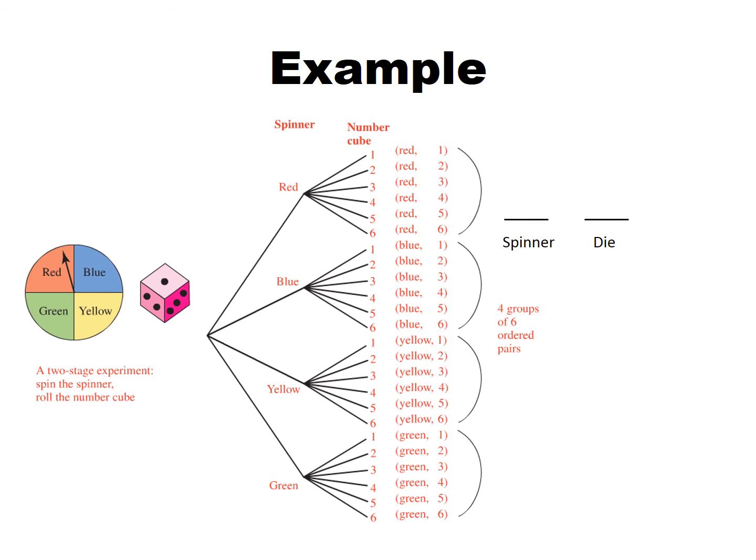Then I ask myself, how many possible outcomes are there from the spinner? Obviously there's 4, so we draw 4 in that blank. Then ask the same question about the second sub-experiment, and there's 6 possible outcomes from that die. The fundamental counting rule says we just multiply those and we get 24. That's how we can apply this fundamental counting rule without having to draw a tree diagram and list all of our possible outcomes.